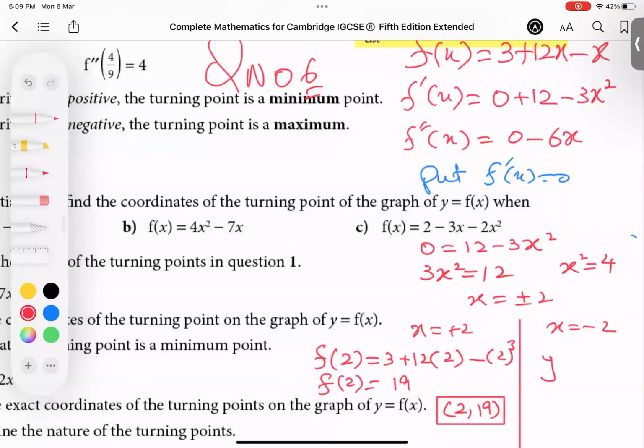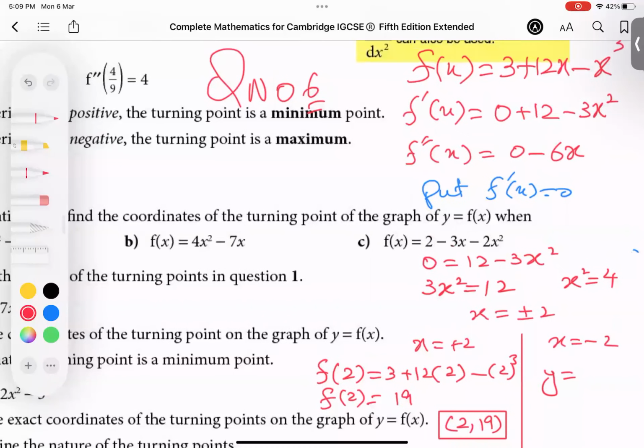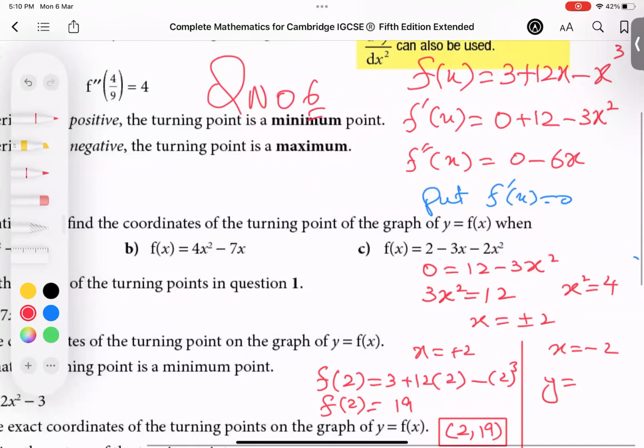Second, I just write directly, and if I replace by negative 2, so 3 minus 24 and plus 8. Let me recheck. 3 minus 12 minus 24, sorry, and plus 8. It's coming negative 13. So the answer turned out to be negative 2 and negative 13.